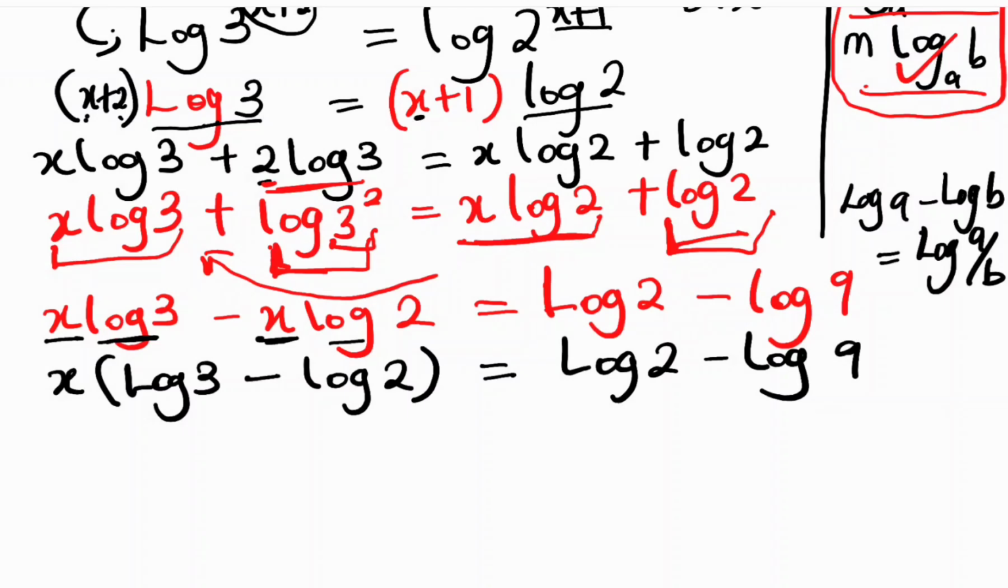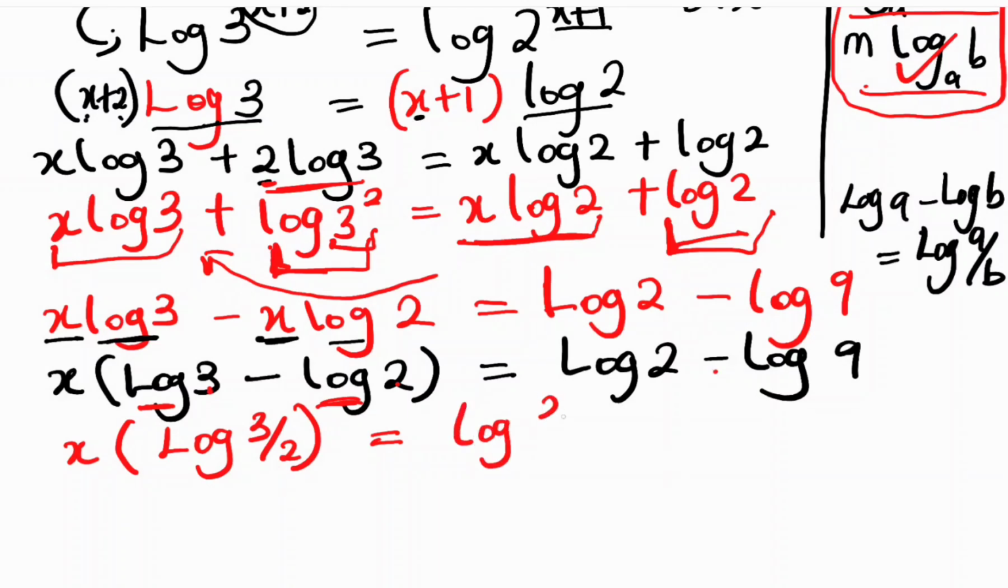Observe one thing here, we are subtracting these logs in the same base, base 10. So we have to divide the numbers 3 and 2. So we have x times log 3 over 2, which is now equal to, since this is subtraction, log 2 over 9.